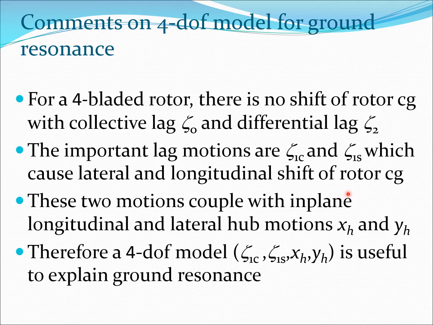These are the motions which are going to couple with the in-plane, longitudinal and lateral hub motions xh and yh. Therefore, from this physical knowledge, we can presume that a 4 DOF model is useful for ground resonance, and this 4 DOF model includes zeta 1c and zeta 1s, the lag degrees of freedom in the fixed system, and xh and yh, the hub motions.